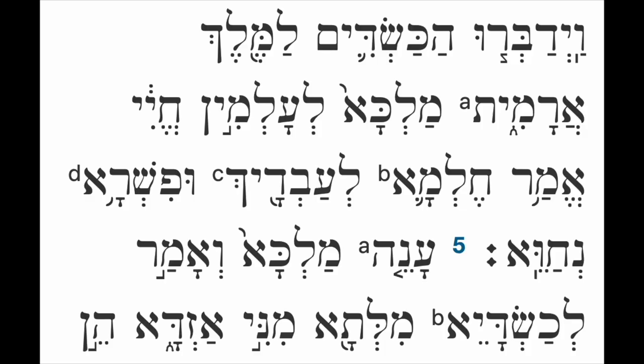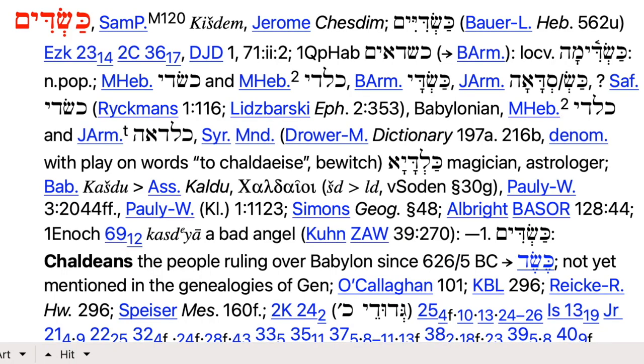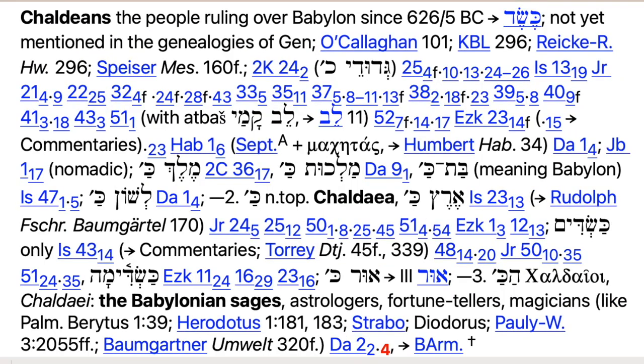Now, this is a tricky term in the Hebrew and Aramaic literature. So when we go over to the Hebrew and Aramaic Lexicon of the Old Testament, HALOT, H-A-L-O-T, we see that the Chaldeans are the people who ruled over Babylon from 626 onward. But we also see that the term is used for Babylonian sages, astrologers, fortune tellers, magicians, and so on.